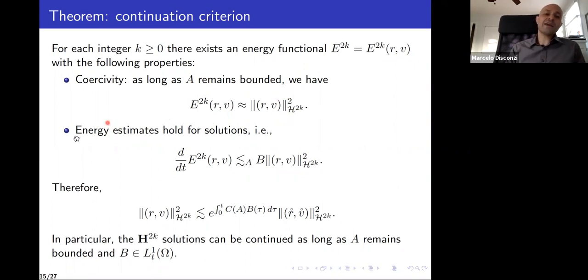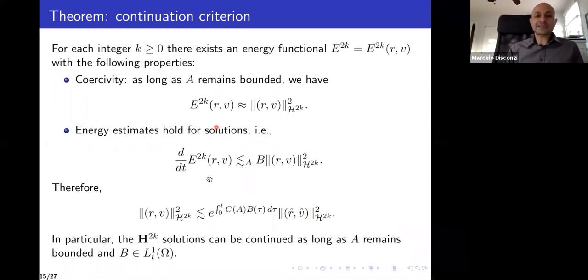And second, we have energy estimates for solutions, which means that the time derivative of this functional is controlled by the H2K norm square with a factor that's linear in this norm B and with a second dependence in this norm A.